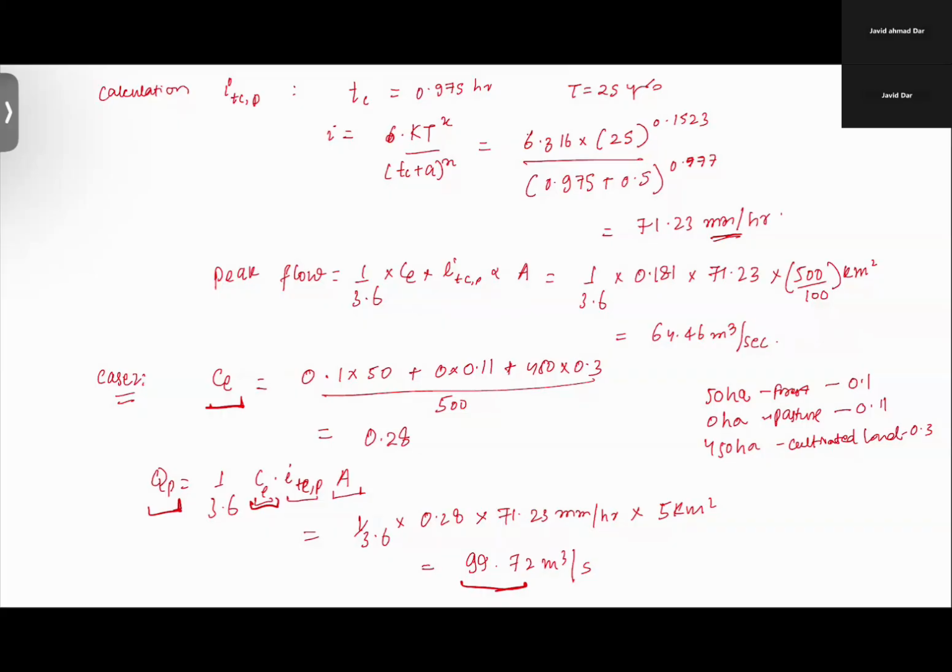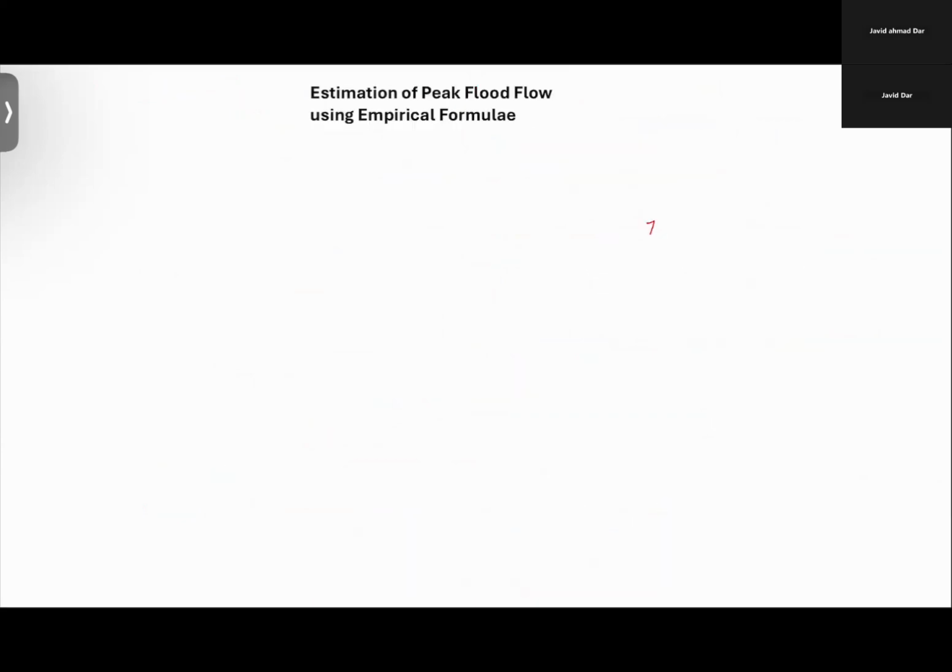So any questions on this problem? So if not, then I can start with the next topic. That's we now estimate the peak flow using empirical equations or empirical formulas.